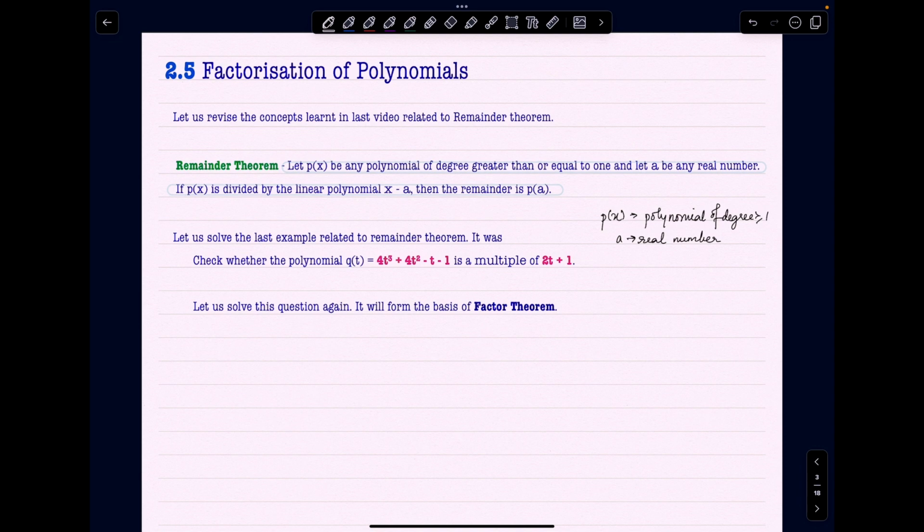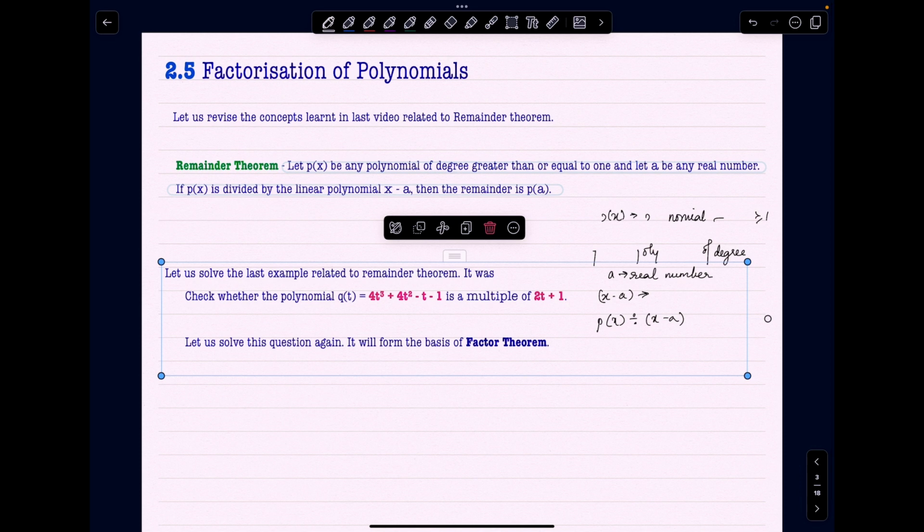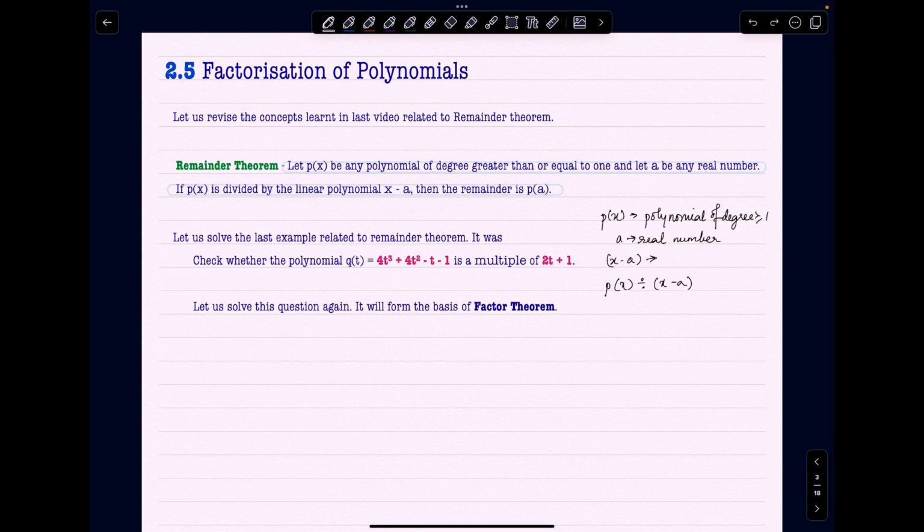We are taking another polynomial, x minus a, and we are going to divide p(x) by x minus a. The zero of x minus a is a.